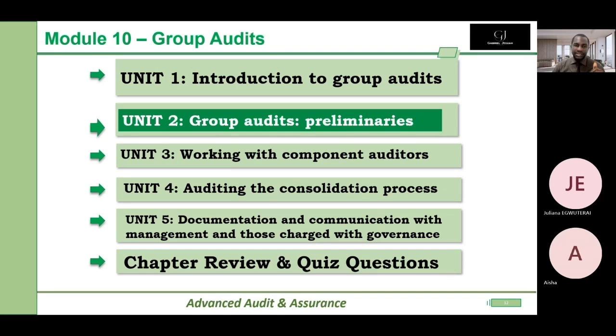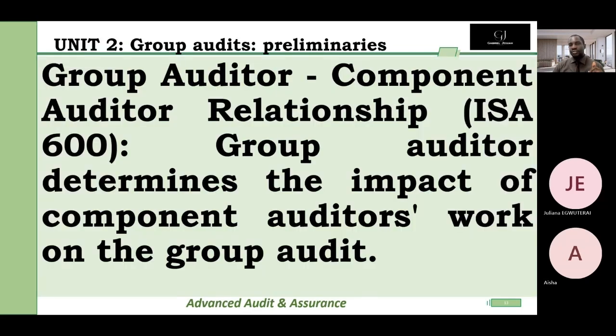So let's look at preliminaries where we begin to dive deep into it. So the group auditor, based on ISA 600, the group auditor and the component auditor need to have a working relationship, so they can understand how the work entails. They are not working in dichotomy or separately in silos.